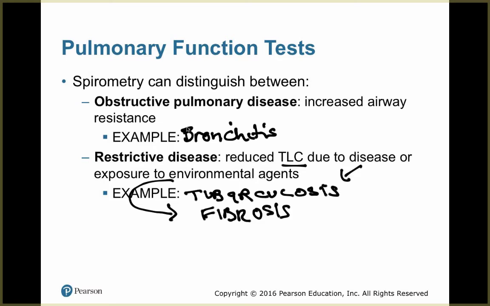So on here, things like vital capacity, the total lung capacity, functional residual capacity, and the residual volume actually decline. And that's because the lung expansion is compromised.